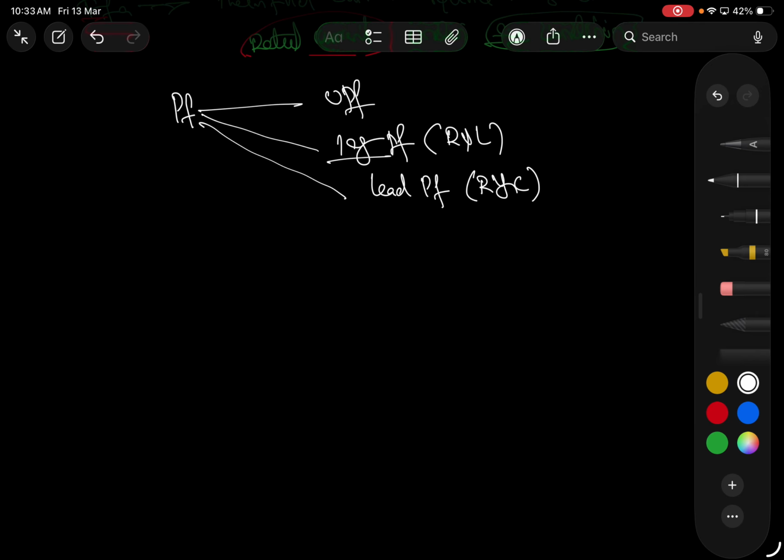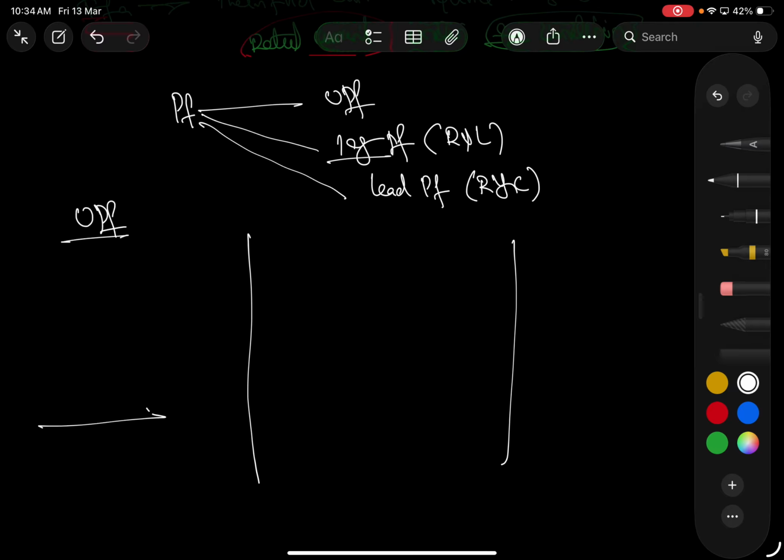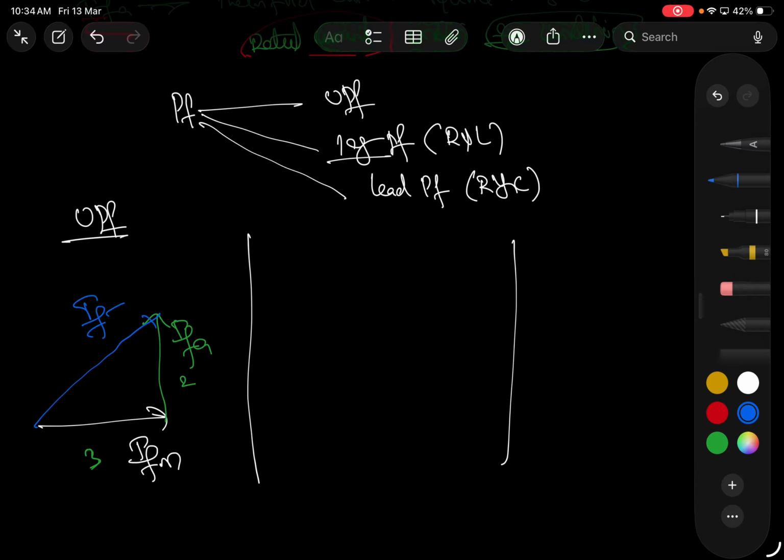Now the phasor relation for a unity power factor. If this is the IFM phasor, then this will be the IFA phasor. If this value is 3 and this value is 2, can I directly add 3 plus 2 as 5? The resultant value I am considering as IFT, the total field current.